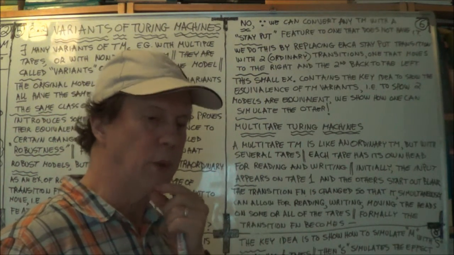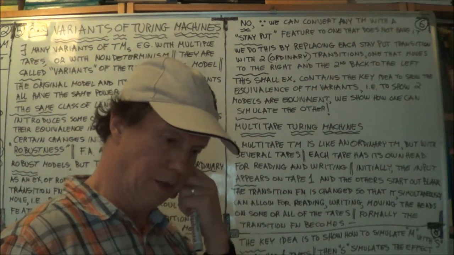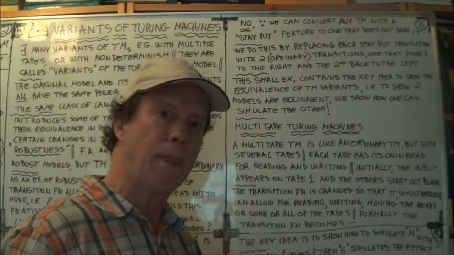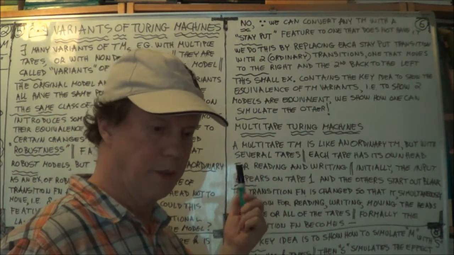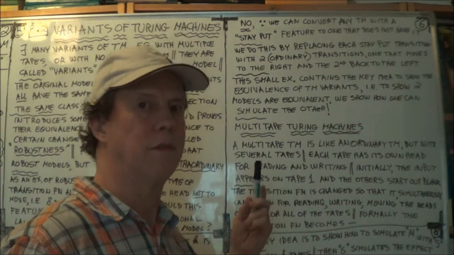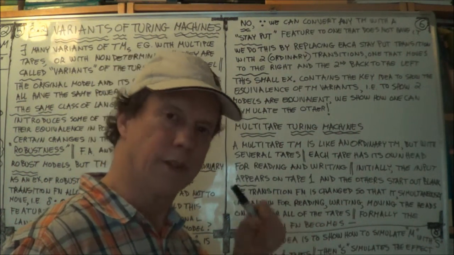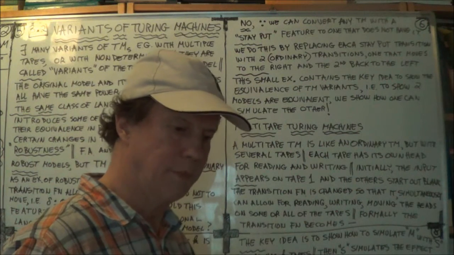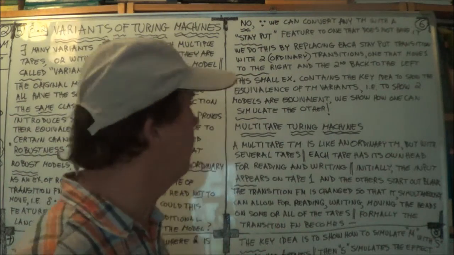One is the multi-tape. So the variant of the Turing machine now has multiple tapes, k of them. And the other we'll do is the non-deterministic Turing machine, which can branch, make copies of itself, and there's more than one next state. Very definition of non-determinism.